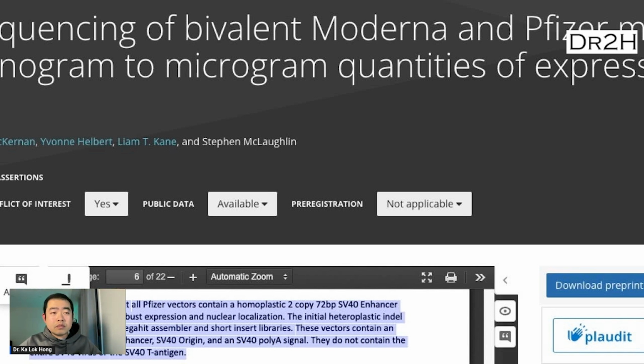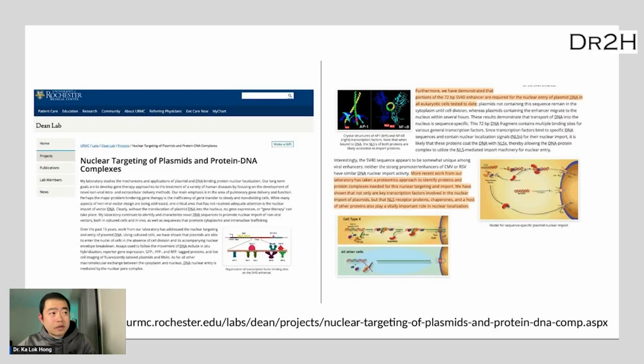Okay. Why does SV40 matter, and is it really an arguable point? It turns out that there is a research group from the University of Rochester Medical Center called the Dean Lab. They specialized in studying SV40 promoters, or enhancers.